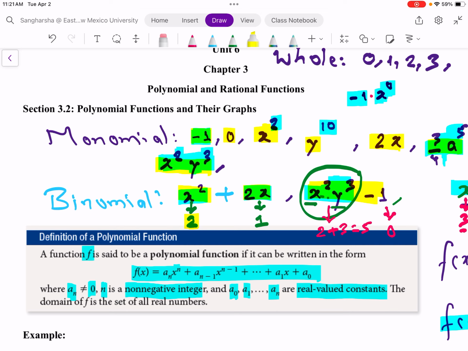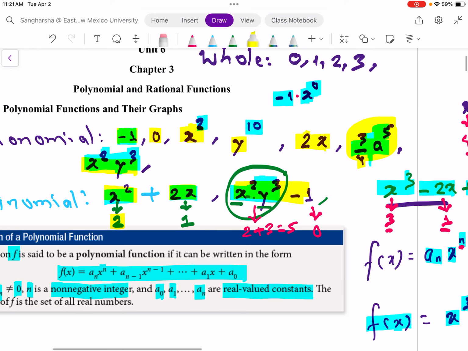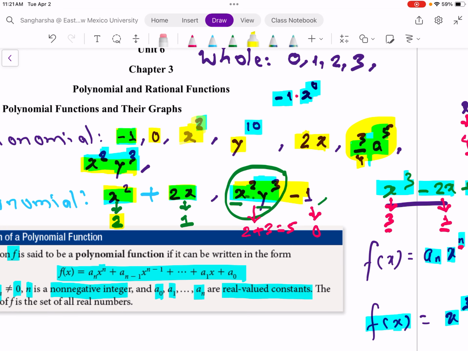Here in front of x we have 2, right? So 2 is the coefficient here. In front of a to the power 5 we have 3 over 4, so this is the coefficient for this term. Similarly, for the x square term, what number do we have in front? 1, right? We don't write it, but we always have 1 there, so 1 is the coefficient. For this x square y cube term, the number in front is 1, so 1 is the coefficient.